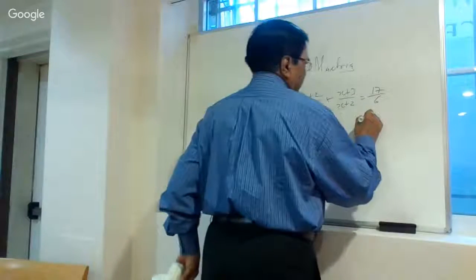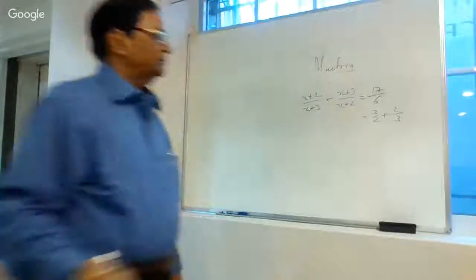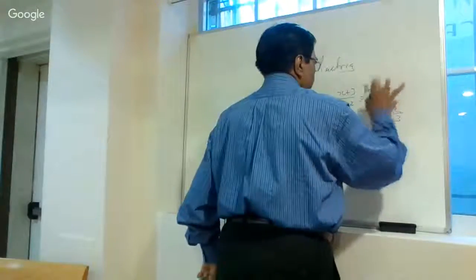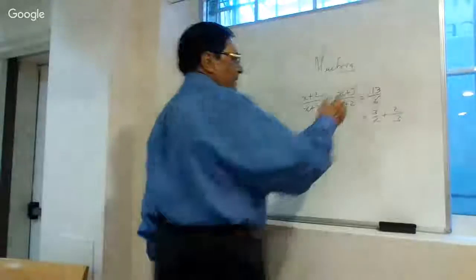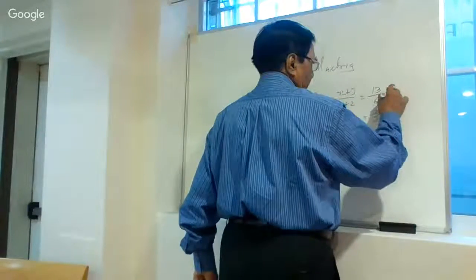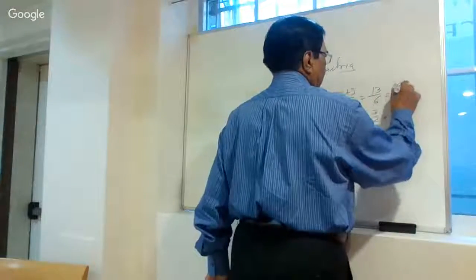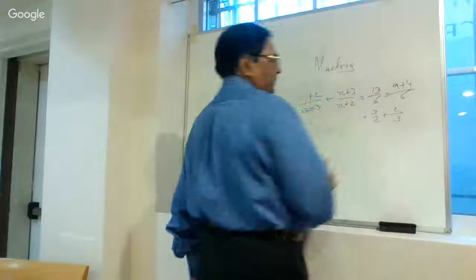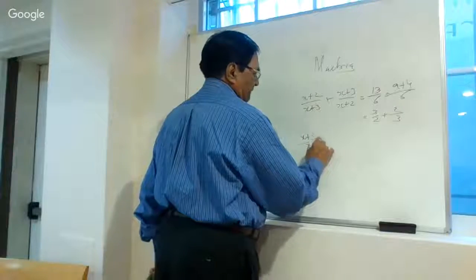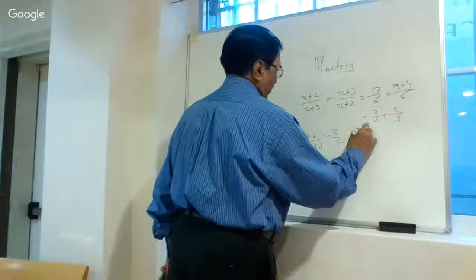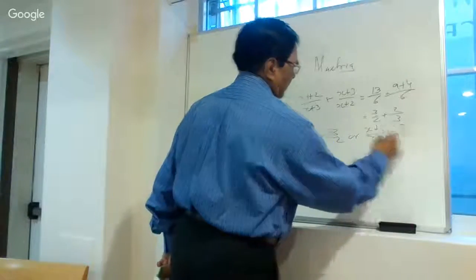So you can say, if you understand, 3 by 2 plus 2 by 3, I will solve, it should be 13 upon 6. The method is, this is 9 plus 4 upon 6 to get these two. And so you can say that x plus 2 upon x plus 3 is 3 upon 2, or x plus 2 upon x plus 3 is equal to 2 upon 3.